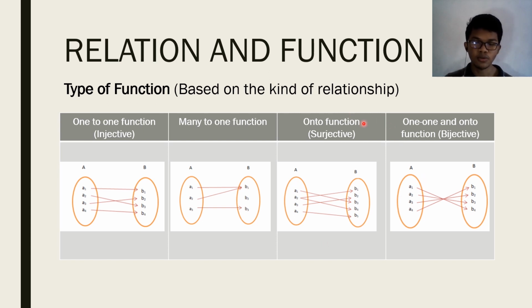The third is onto function or surjective, when every element of the range has been mapped to an element in the domain. And the last is one-to-one and onto function or bijective, a function which is both one-to-one and onto.